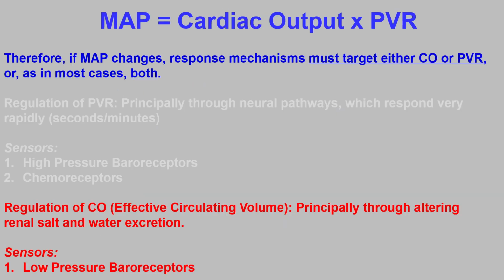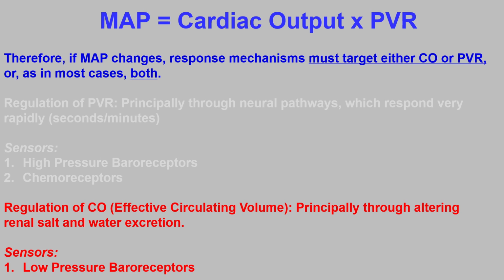Okay, so we've discussed so far the regulation of peripheral vascular resistance through neural pathways, the baroreceptors and the chemoreceptors, most importantly the baroreceptors. So let's now turn to the other part of the regulation of mean arterial pressure, or the other determinant, which is cardiac output or volume. As we mentioned, the regulation of cardiac output or effective volume is principally through the regulation of renal salt and water excretion.